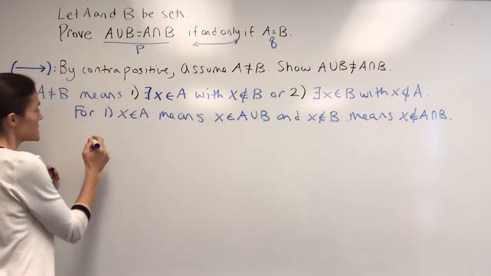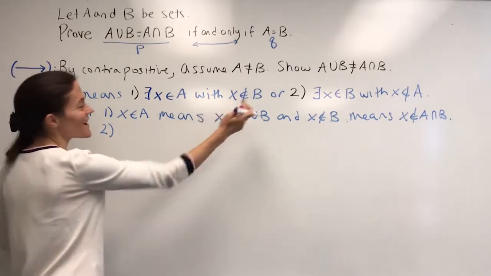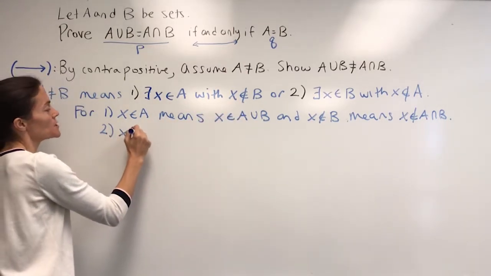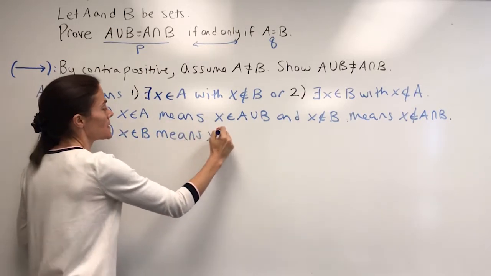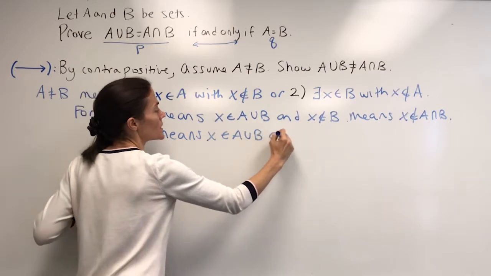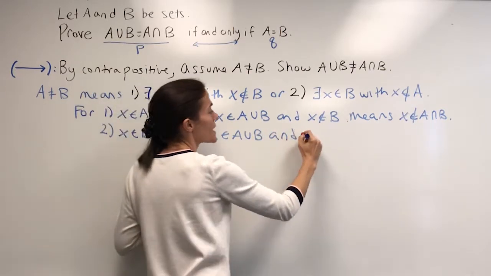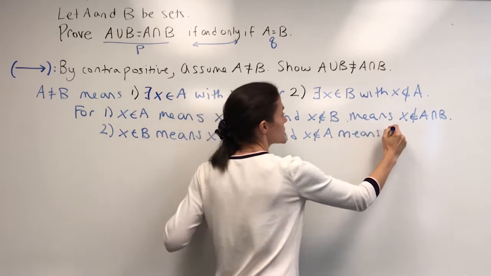Okay? And the other one is almost identical, because if you have something in B, all I'm going to do is interchange A and B. If you're in B, you're in the union, and if you're not in A, then you're not in the intersection.